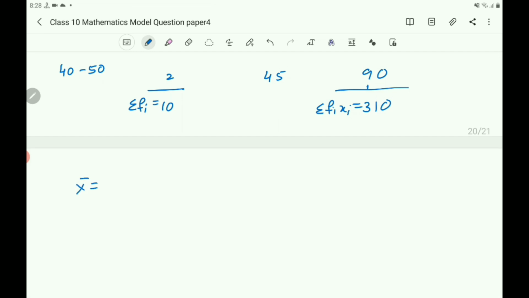X bar equals summation of Fi Xi by summation of Fi, that is 310 by 10, 0, 0 cancels. What is mean? 31. So you write mean equals 31.